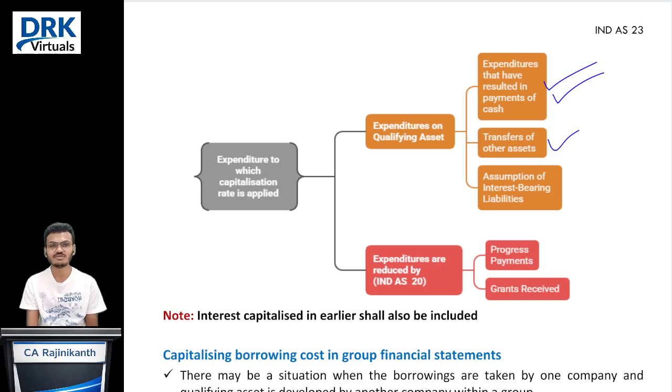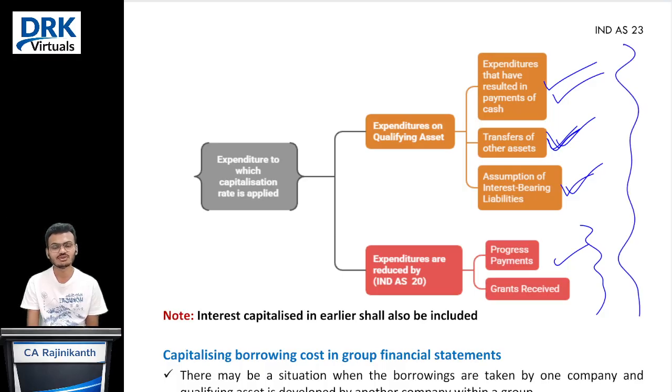We have cement bags in our godown, and we are using those cement bags. We are transferring those assets, correct? So you add that. And if you assume any interest bearing liabilities for construction of that qualifying asset, you include it. And from that reduce any grants received, government grants or any other grants received, and also progress payments received. So that ultimate amount will become your step 2.